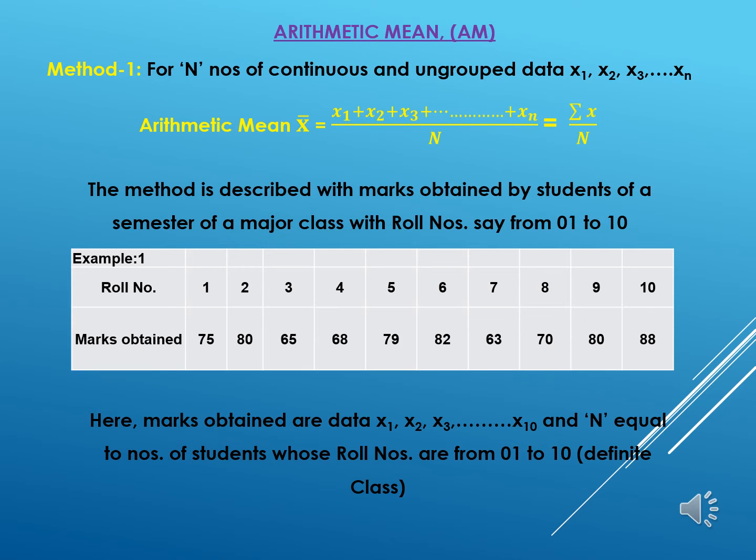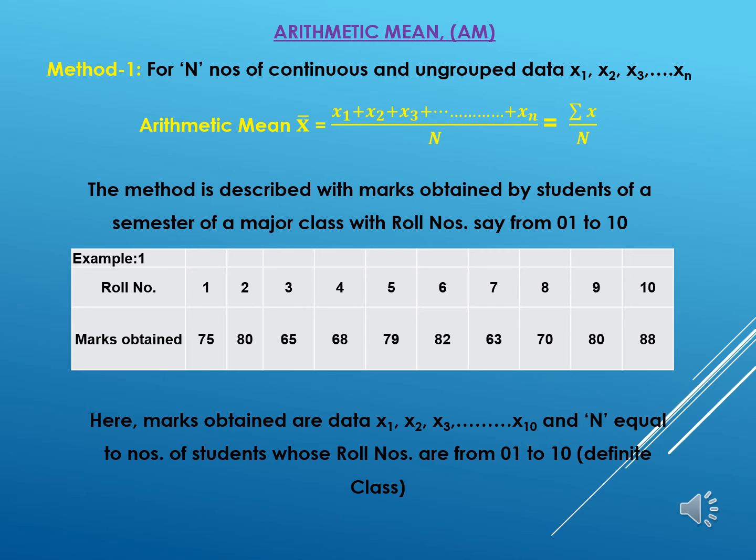The data are given corresponding to roll numbers 1 to 10 of 10 students. The data are 75, 80, 65, 68, 79, 82, 63, 72, 80, 88, corresponding to roll numbers 1 to 10. So each data is given corresponding to a single student, not given in a group or in a range.